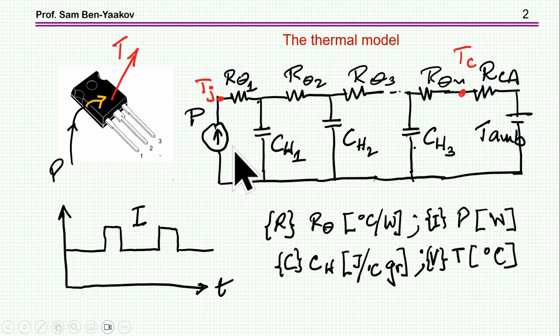In this case, the current source represents the power which is pumped into the transistor, that is the voltage and current through it. I'm primarily interested in this presentation in the linear mode, that is not the switching mode where the transistor is completely on and there is an RDS on, but rather when you have a voltage across the transistor and a current passing through it.